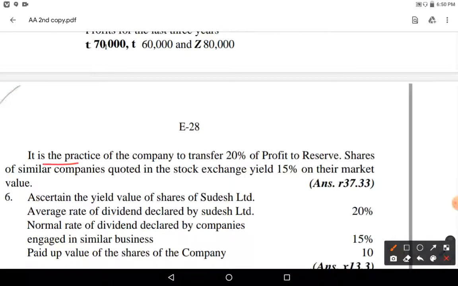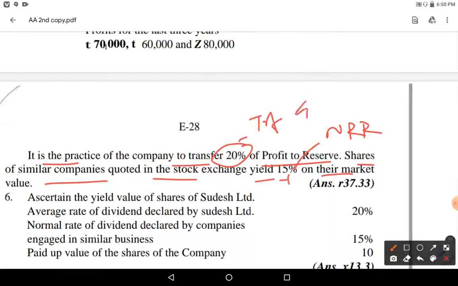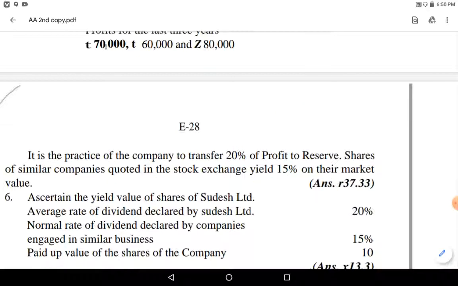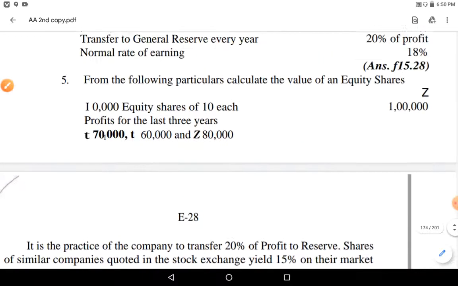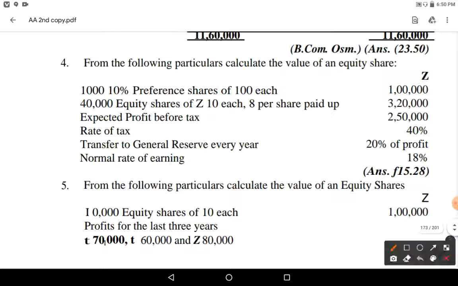It is the practice of the company to transfer 20% of profits to reserve. A similar company quoted on the stock exchange yields 15% on its market value. This 15% is nothing but your NRR. And 20% is the transfer to general reserve. So it is similar to the earlier question we did, the fourth one, which I explained in yesterday's video. Similarly, average profit is 70,000.